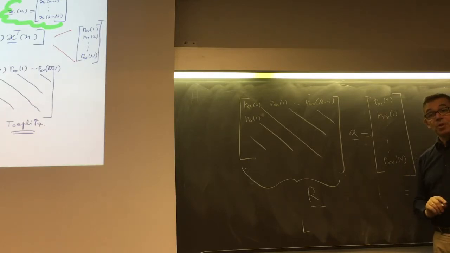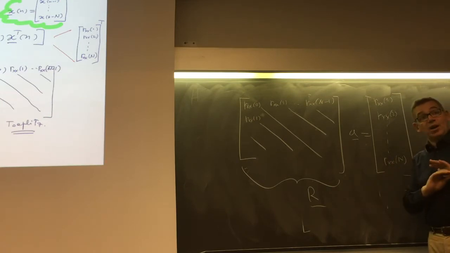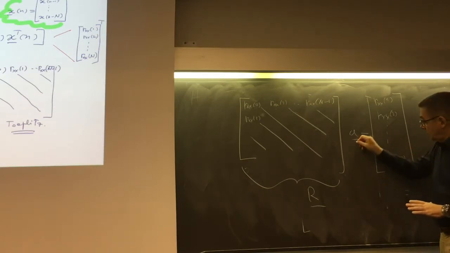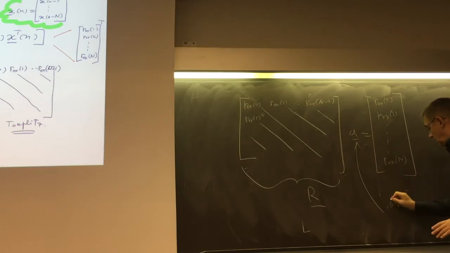Now, this is optimum when you have a stationary random process. Everything is stationary. This is the optimal solution: MMSE, minimum mean square error, optimal prediction.